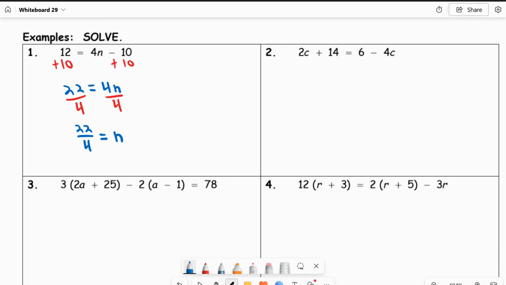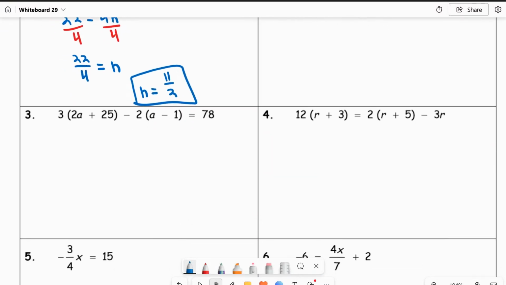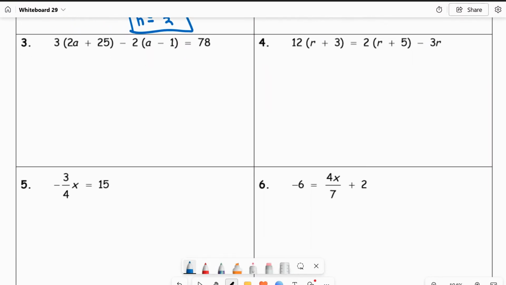Both 22 and 4 divide by 2. So this will give us n equals 22 divided by 2 is 11, 4 divided by 2 is 2. All right. We'll just stick to the left side for now. Please try the right side on your own, but we'll go over those together in class.